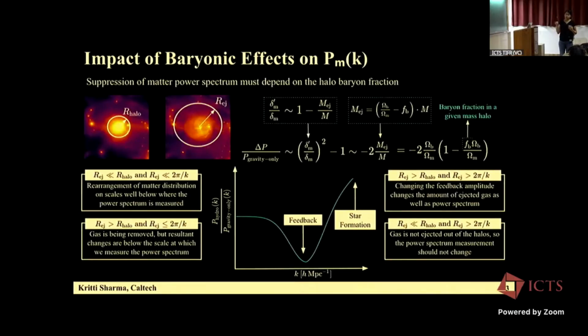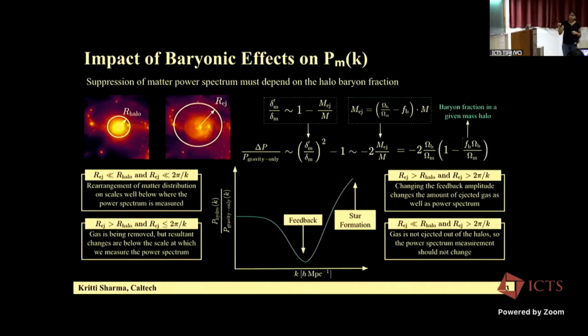More specifically, if the scales at which you are measuring the matter power spectrum are larger than the characteristic size of your halo, then you don't expect any impact from baryonic feedback, and your suppression, or P hydro over P gravity only, is approximately 0, or the ratio is basically 1.